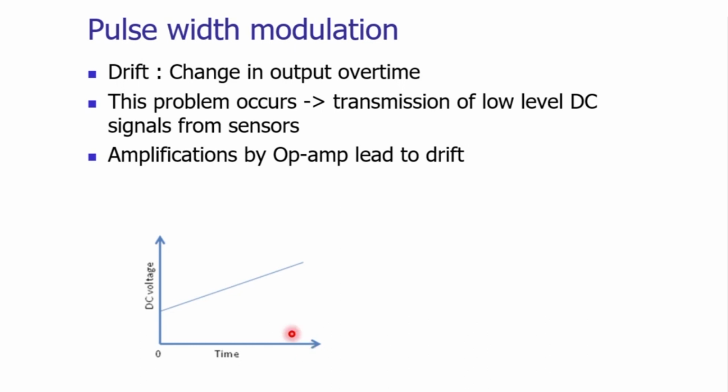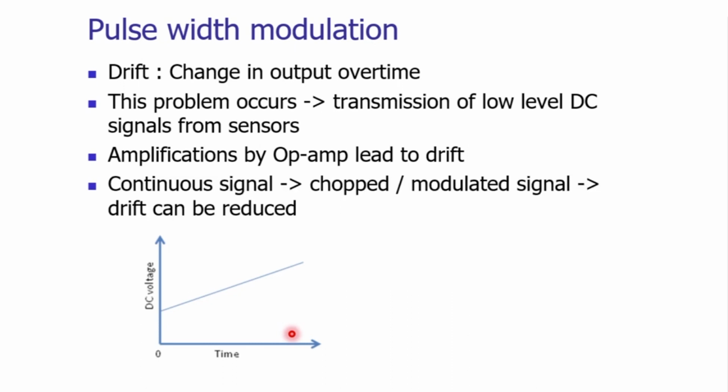To solve this problem, we chop the continuous signal into a modulated signal so that the drift can be reduced. If I chop this continuous signal into a modulated signal, this slope will be reduced for that particular chopped signal and the drift will be reduced.